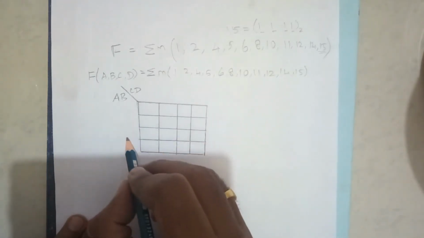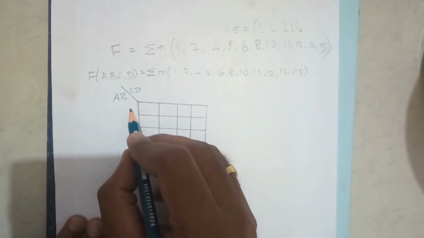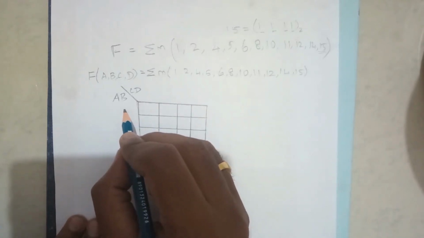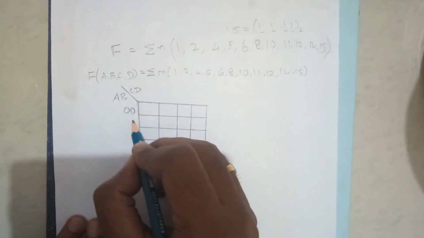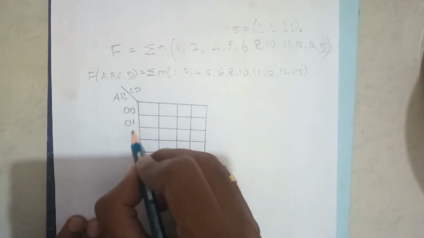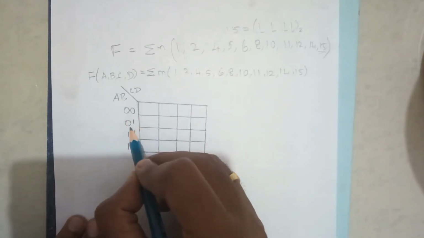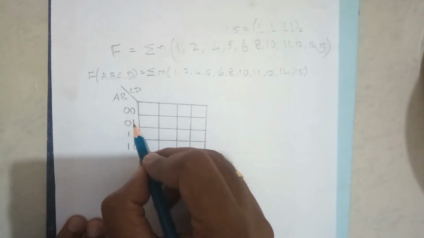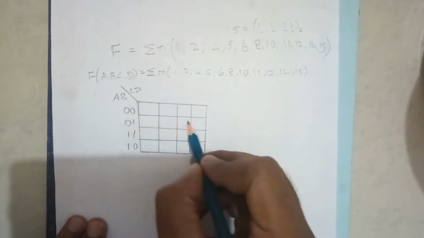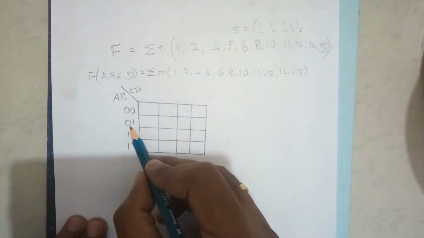But here I can write the same 4 input combinations with the help of adjacent bits. That is, I'm going to use the gray code system. So if I start with 0 0, then 0 1, then 1 1, then 1 0. When I look at it, these 2 bits and these 2 bits are adjacent because only 1 bit changes, and these two rows are adjacent.